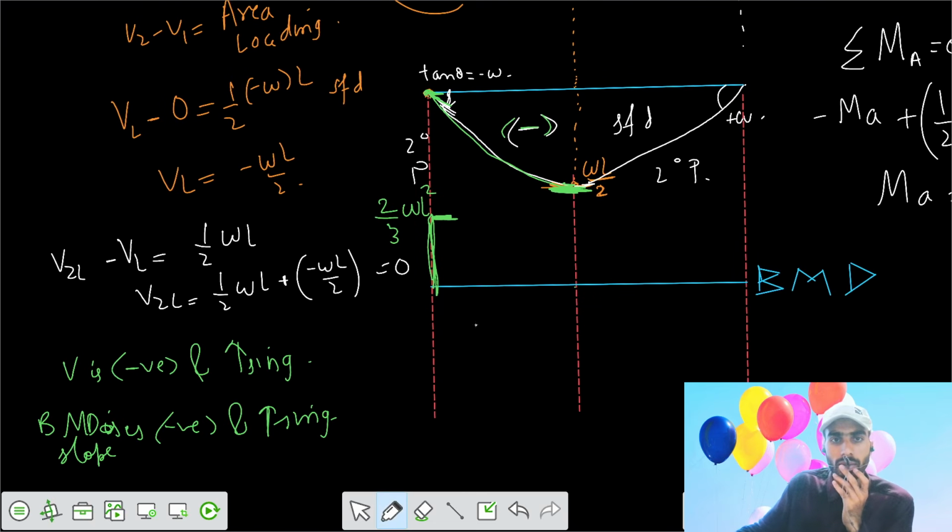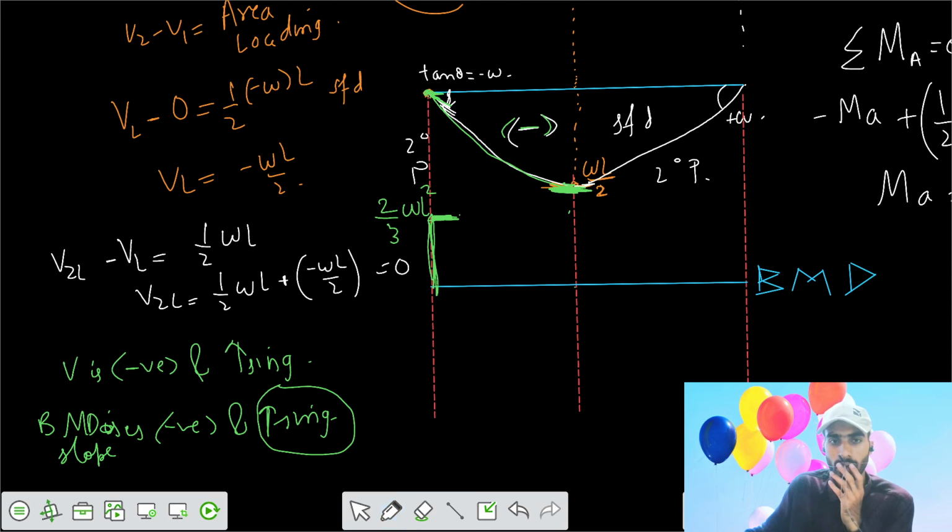Since initially there was a moment of 2 by 3 WL square, and the BMD is negative, the BMD slope has to be negative. For the starting point, BMD's slope is 0, but the BMD slope has to be negative. That means at any point up to the mid there has to be a negative slope, and it has to be in the form of increasing, that's from 0 to some slope.